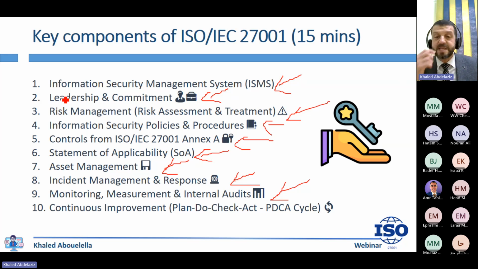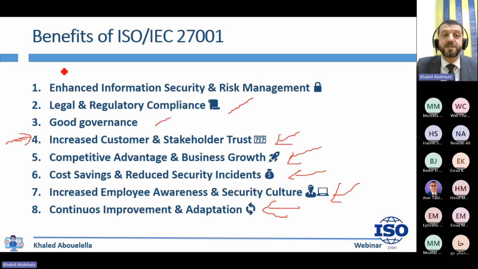By the way, some organizations implement an information security management system based on ISO 27001, not for certification, but because they believe they need it for these benefits: enhancing the security, having good governance, and reducing the costs that may be caused by security incidents. So it's a journey.